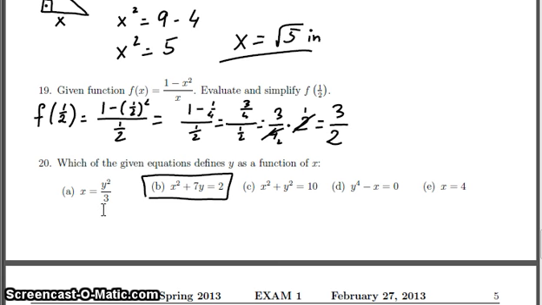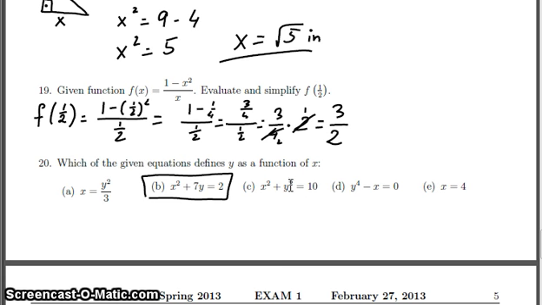Y is definitely not a function of x, because for one x you can get two different y's. When you solve this equation for y, that's going to be plus or minus the square root of 3x. So if x is equal, let's say 12, y could be equal to plus or minus 2.